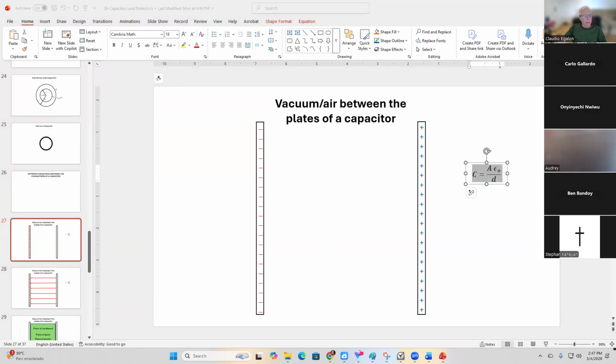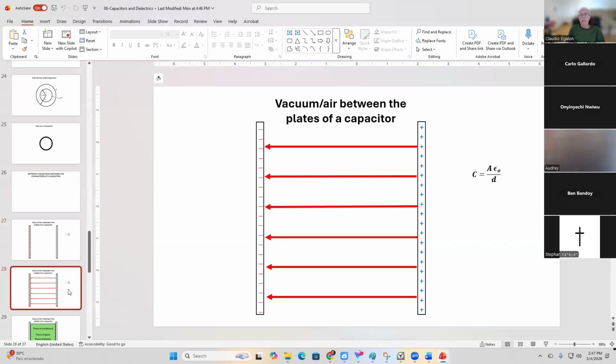And now at this point in time, again, you must visualize that you have these lines of electric field between the two plates. The two plates form a single capacitor. So the electric field lines are uniform, pointing from the positive charge to the negative charge.